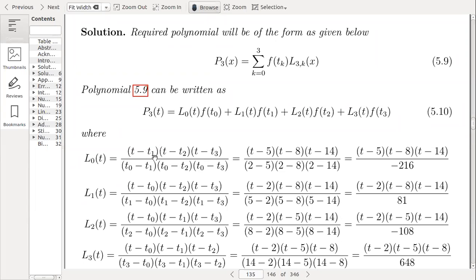We have 4 points t0, t1, t2, t3, so we cannot write the index 0 in the numerator. Once we write these factors in the numerator, we just replace t with t0, and the same expression gives the denominator.